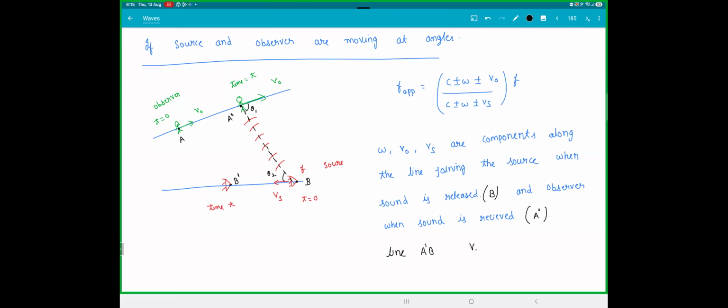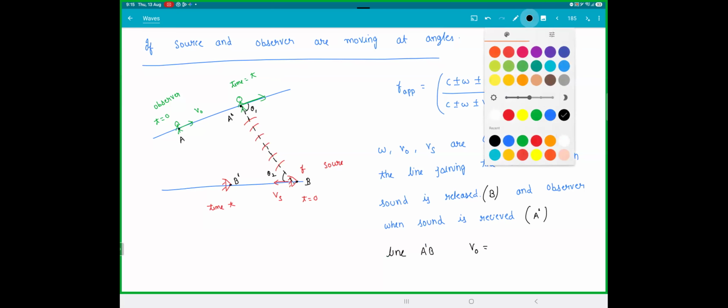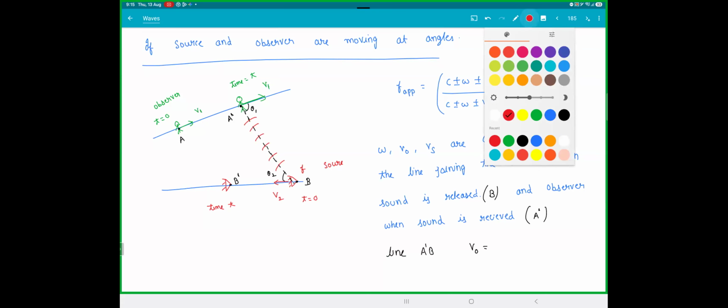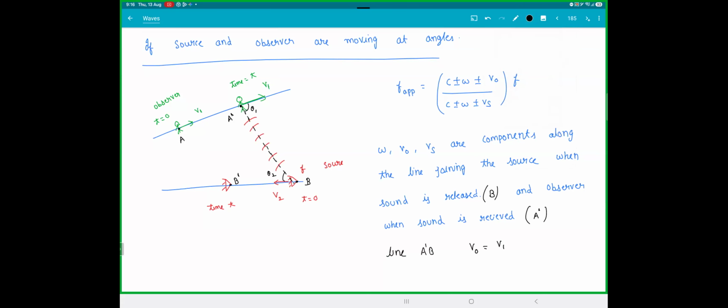So in this thing, velocity of observer will be whatever is that velocity. So I'll call it V1. So velocity of observer will be V1 cos theta 1. Velocity of source will be V2 cos theta 2. This is important, everyone. This is the final level of Doppler.